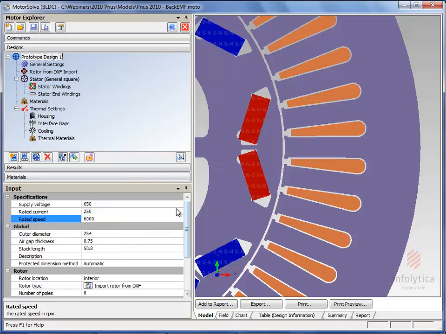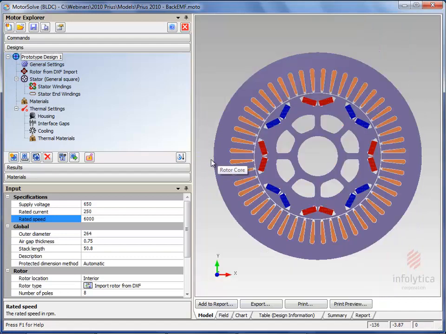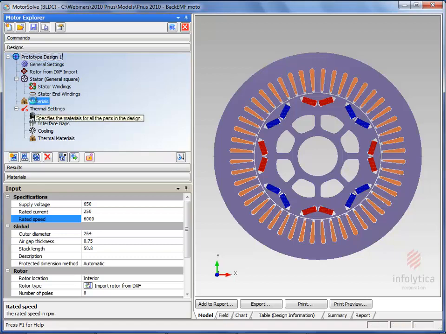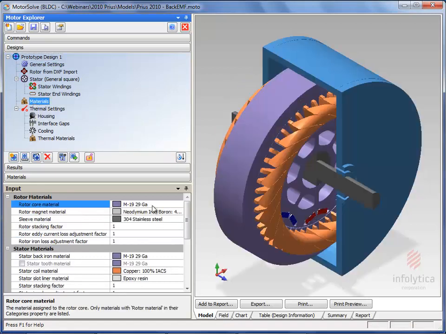And this allows us to very nicely adapt the interface to your needs, and allows you to innovate as you need to without being constrained by a particular interface choice or setup. The material for the Prius, as I said, is M19 and neodymium iron boron.